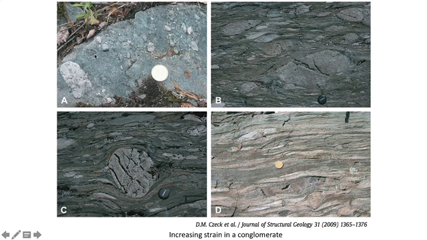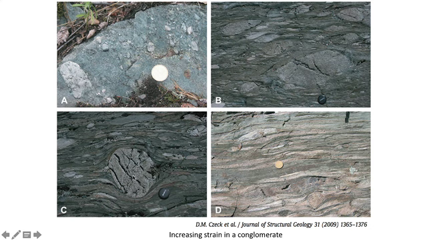So you're looking at some sedimentary layers. And then here's a conglomerate that's been strained a little bit more. You can still make out the clasts pretty clearly, but they're starting to have a similar long axis direction and short axis direction.